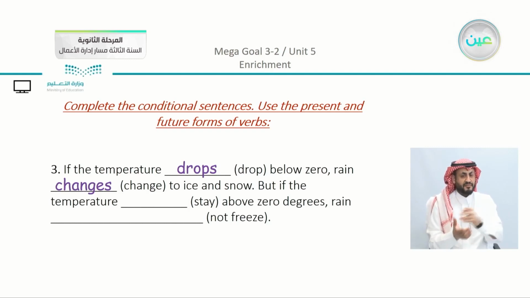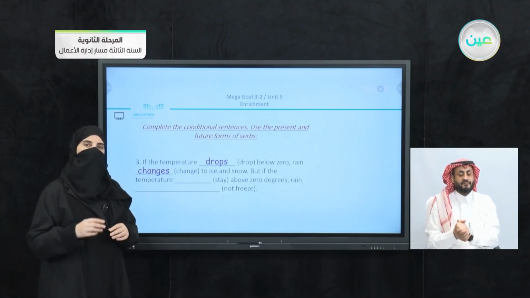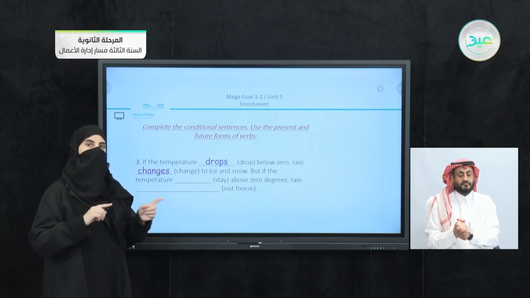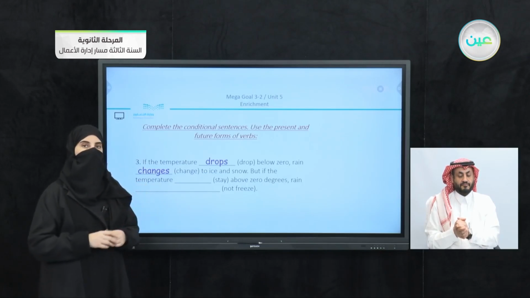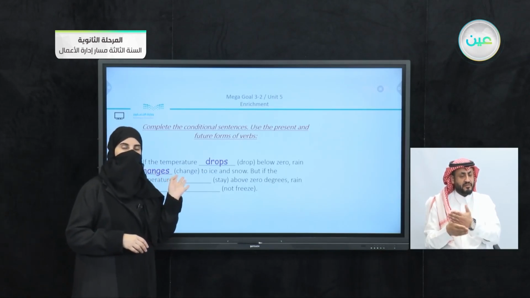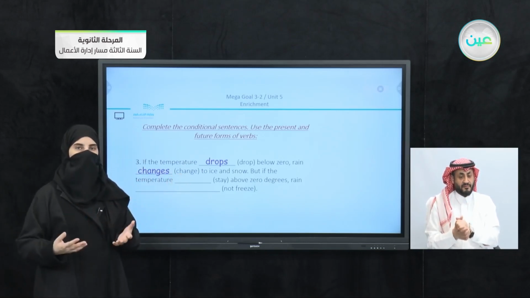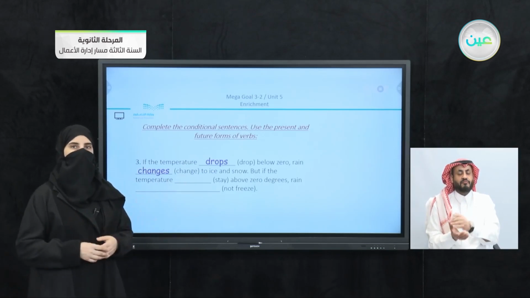If you read the sentence, you discover that we do have a fact here. So this sentence is zero conditional, which means that we use the present simple in both parts of the sentence. Why did we use the present simple here? Because we have a sentence that has a truth or a fact that always happens.